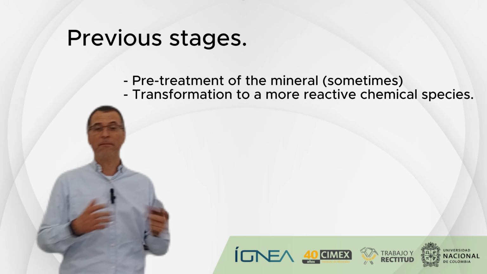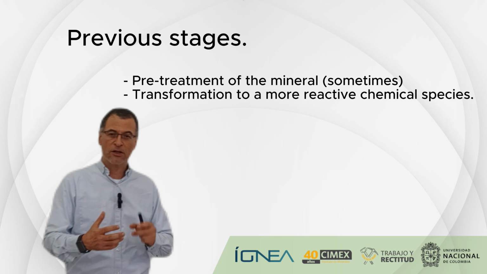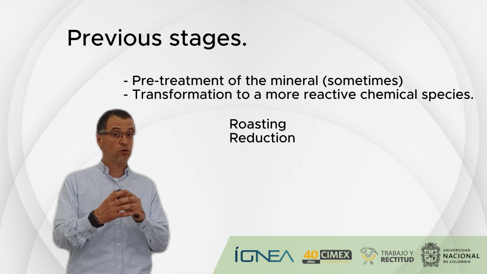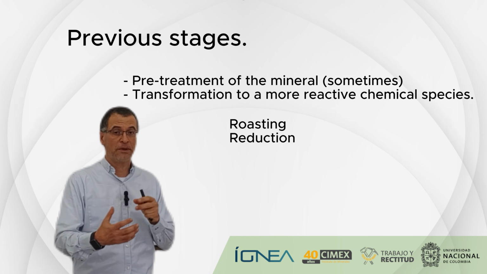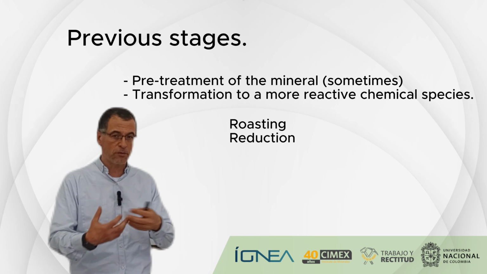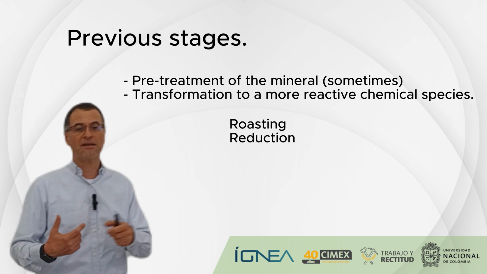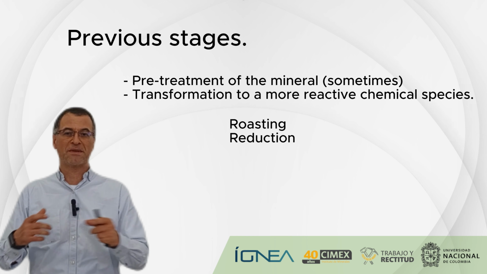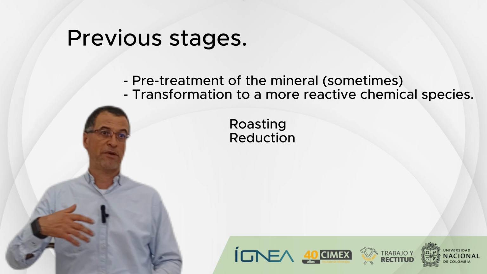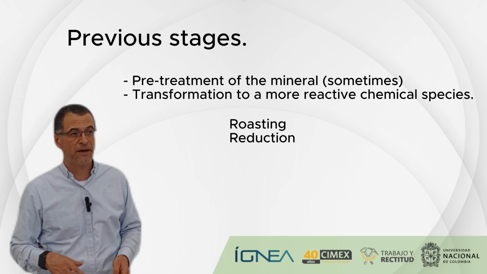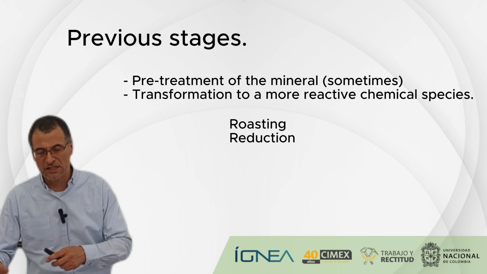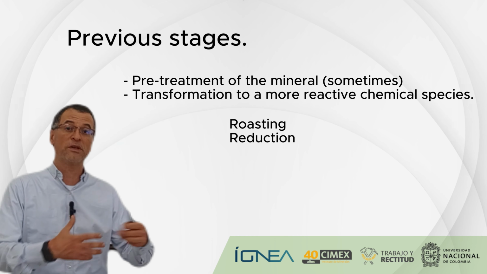When you have covalent bonds, it's not easy to use a solvent to extract the solid, because the solid doesn't dissolve in the liquid. That's why sometimes it's necessary to use special pre-treatments, such as roasting or reduction, that could change the characteristics of the solid in order for it to dissolve in the liquid.